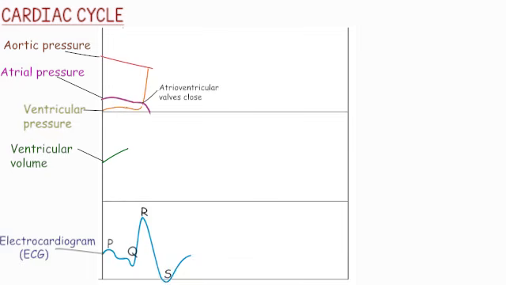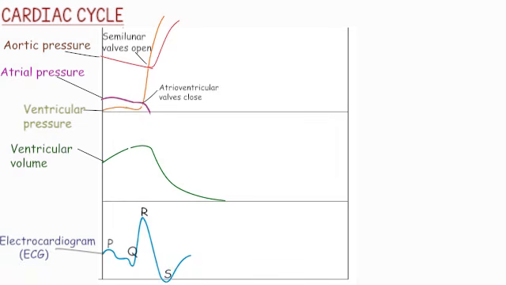So at this point, the ventricles are still contracting. So the ventricular pressure keeps increasing rapidly, and the aortic pressure also increases because blood is being forced into the aorta at a high pressure from the ventricles. Now, because blood is flowing out of the ventricles, the ventricular volume begins to fall.